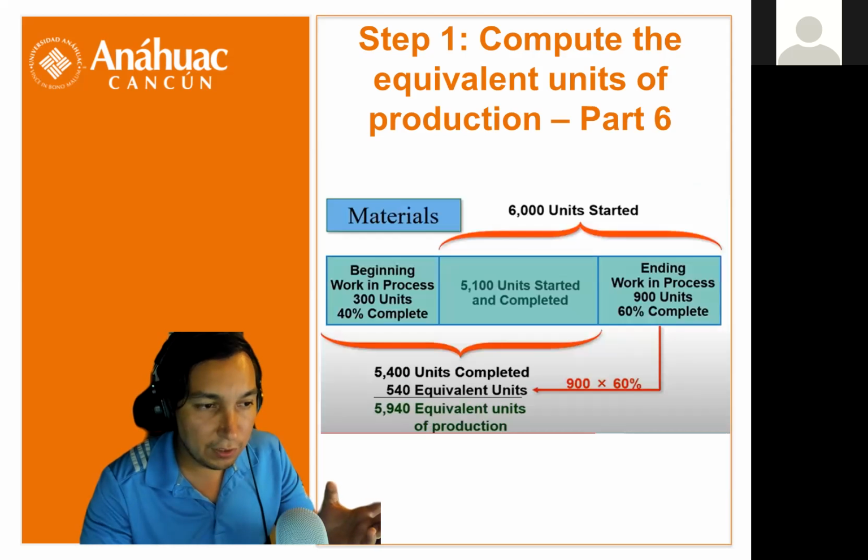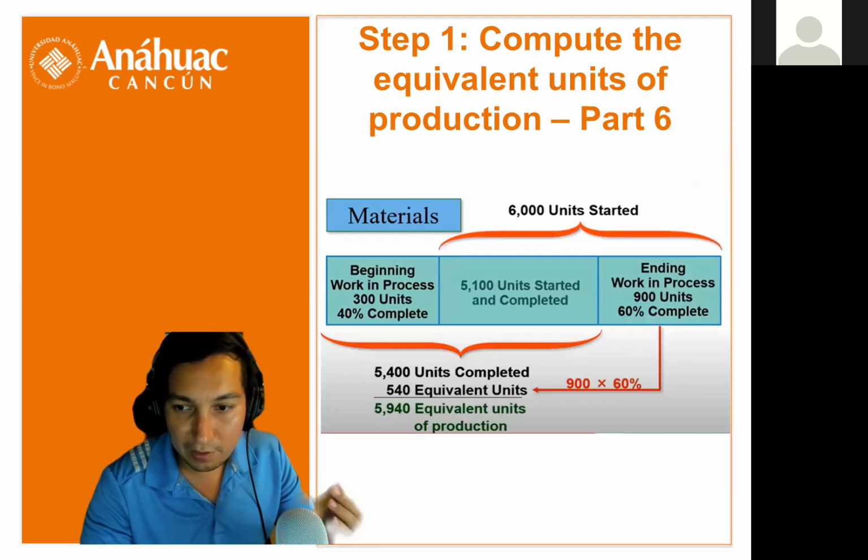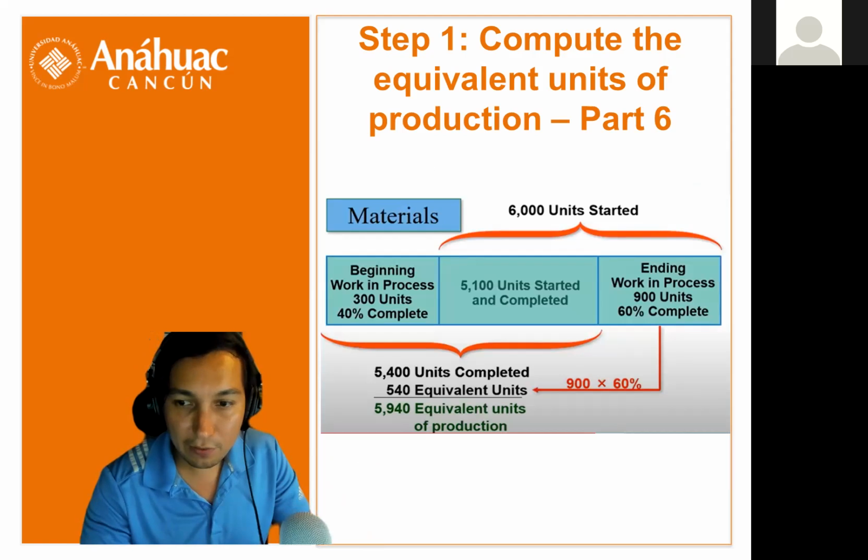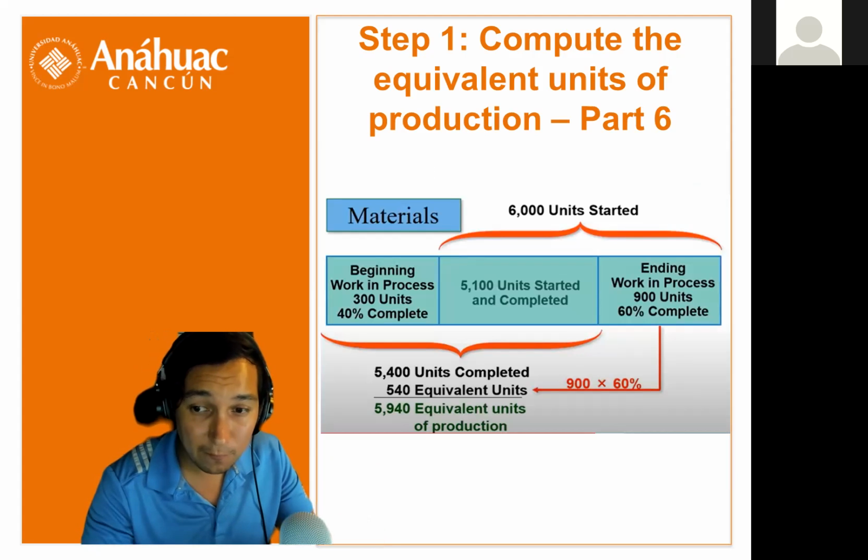This is what we just did. Visually, this is what we're doing, and I find this a little bit hard to read. I like the charts better, but this is what we're talking about. So we had 300 units, and then we start our units into process, and then we have ending WIP that is 900 units.